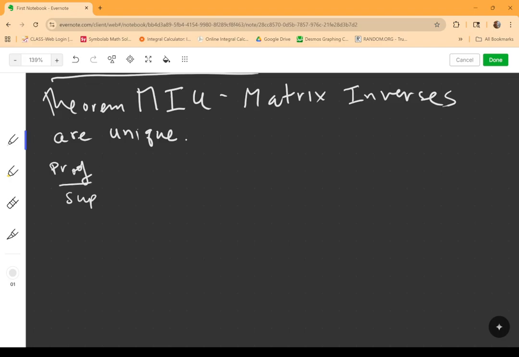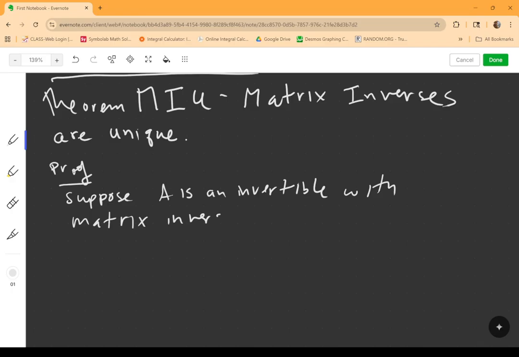For our proof, we'll start off with supposing that A is an invertible matrix. This needs to be our assumption because this theorem only applies to matrices that have inverses. So A is invertible with matrix inverses B and C. Both of those satisfy the definition of being an inverse.